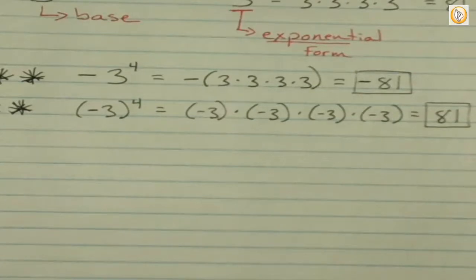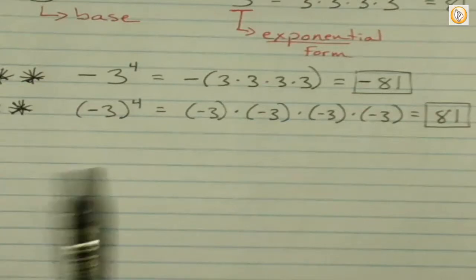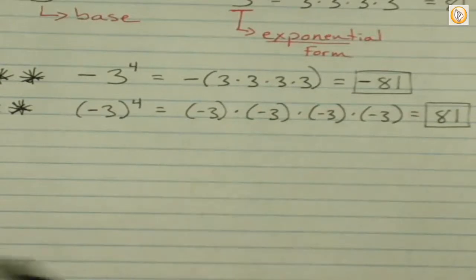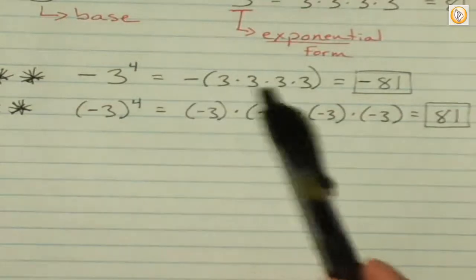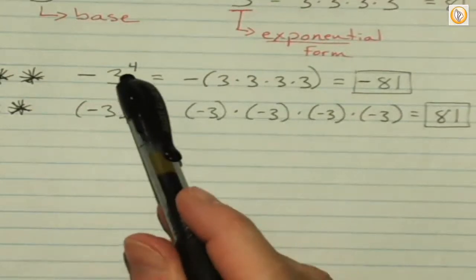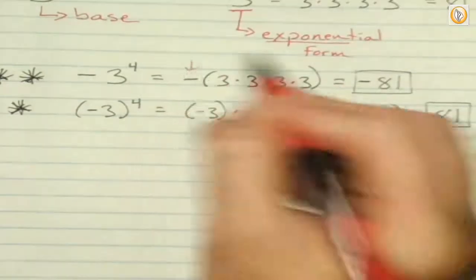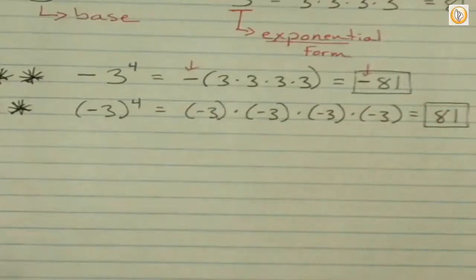Yes? No, because it depends on the exponent. If it's even or if it's odd. See what I'm saying? This one, though, no matter what the exponent is, it's always going to be negative. The 7th graders didn't pick up on that, but that's okay because it's brand new to them.